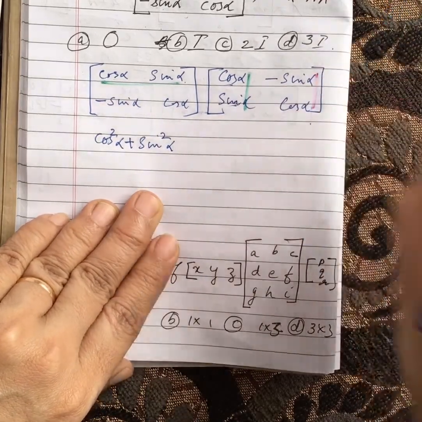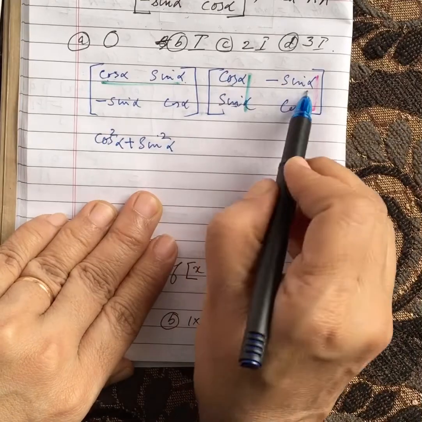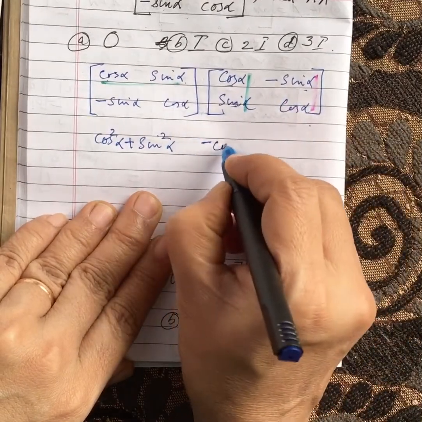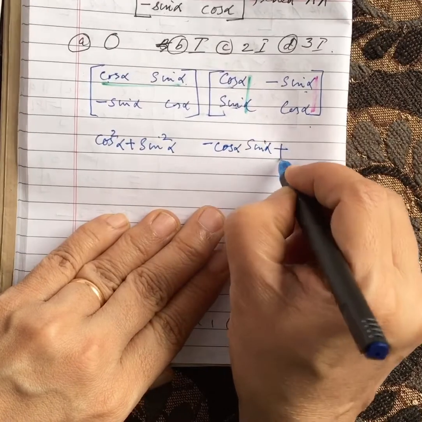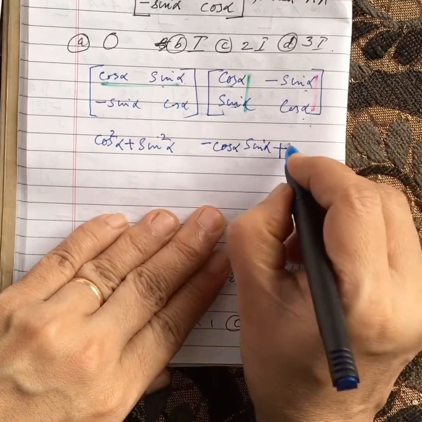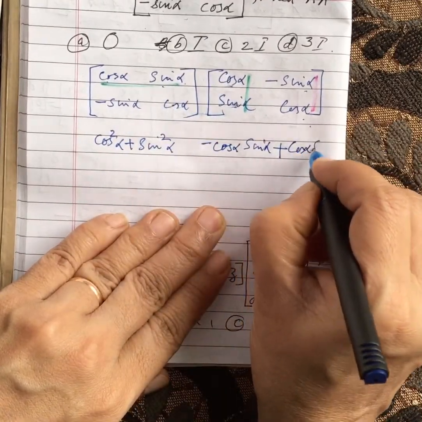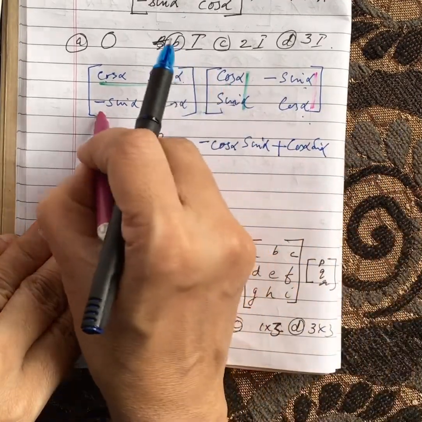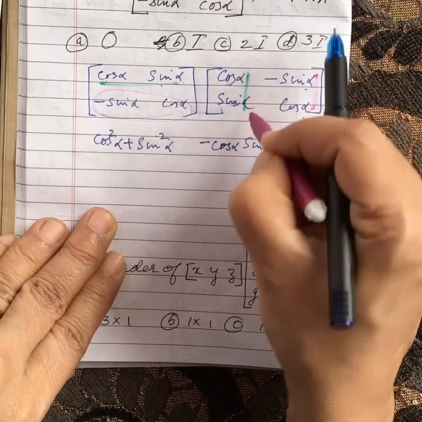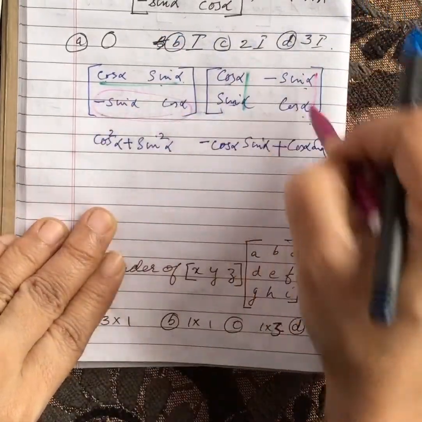The second column. So what you will get? Cos alpha into minus sin alpha, minus cos alpha sin alpha, plus sin alpha into cos alpha, so cos alpha sin alpha. Now the second row you will multiply with each column.